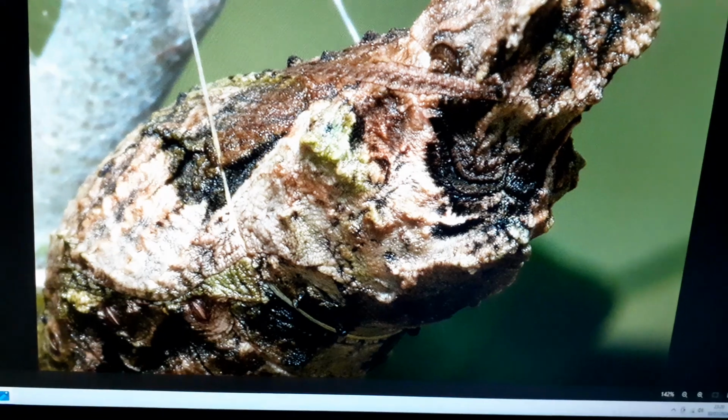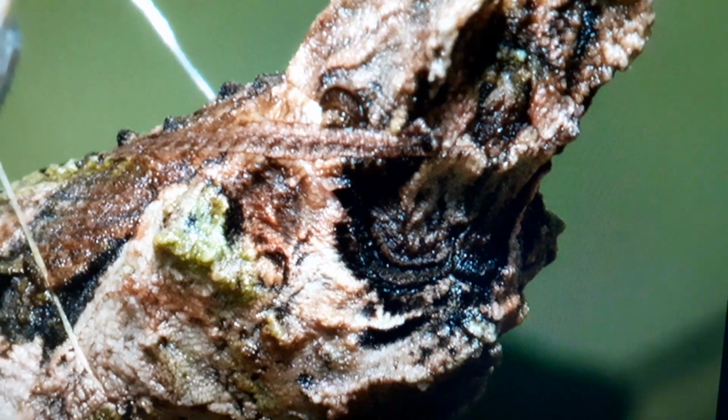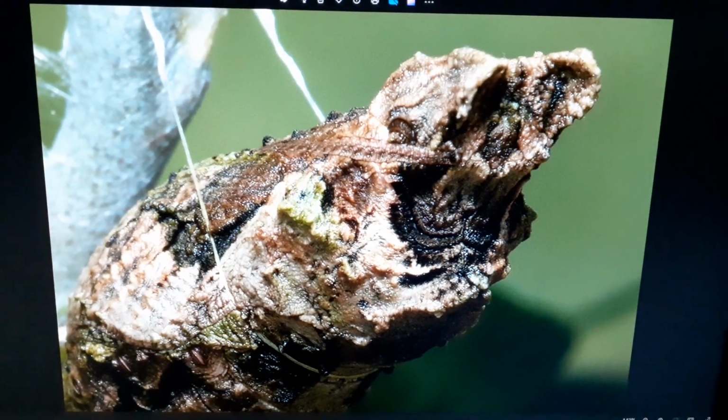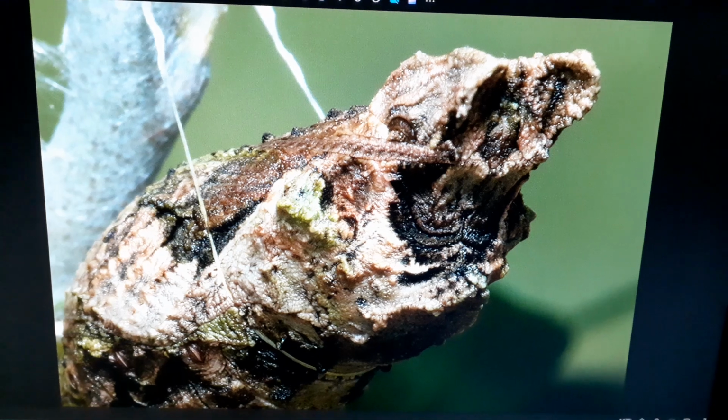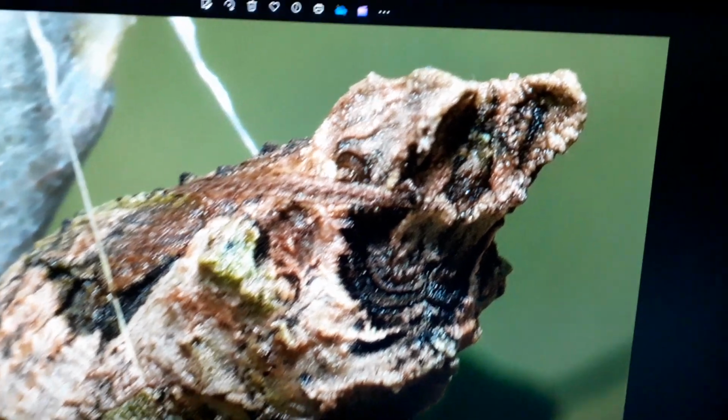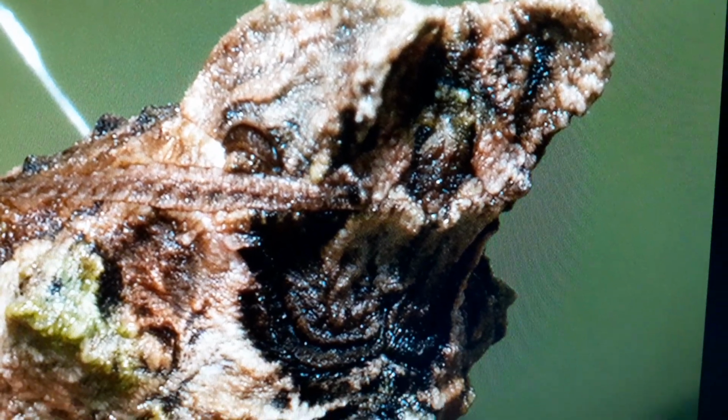I think these were more for the wood aspect of it though. It's like that. And you look at all of it like that.